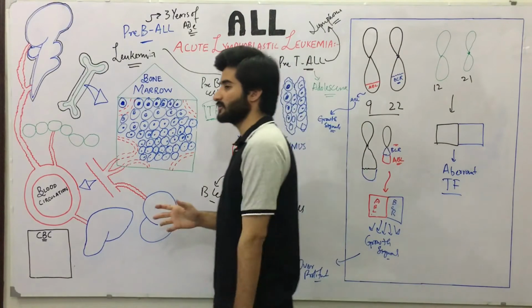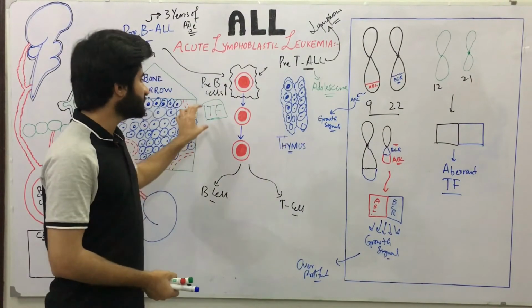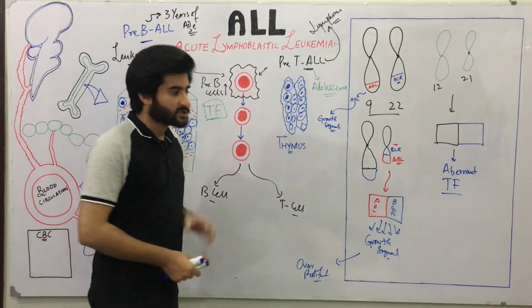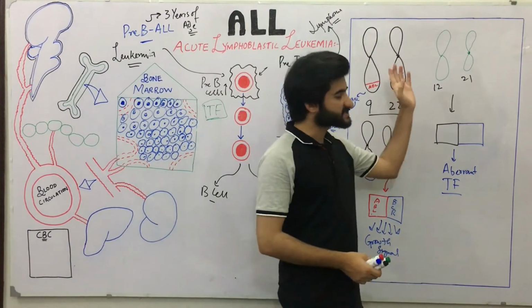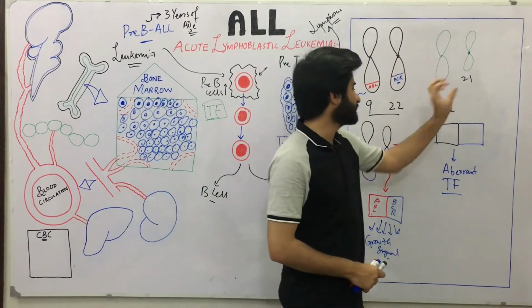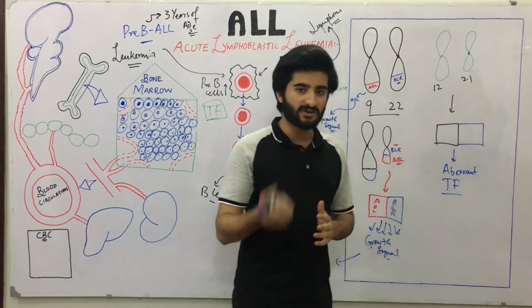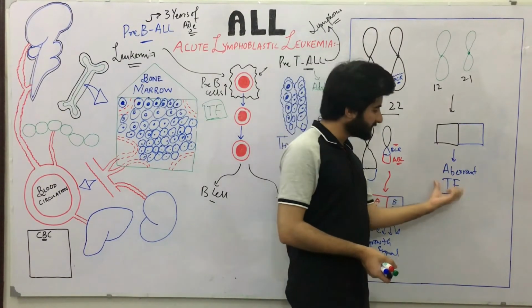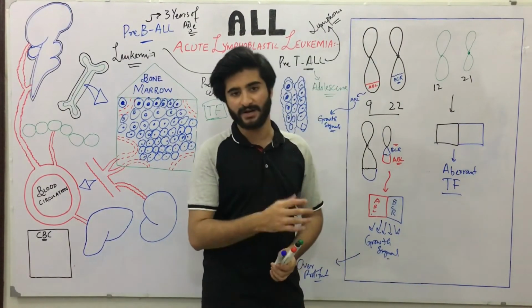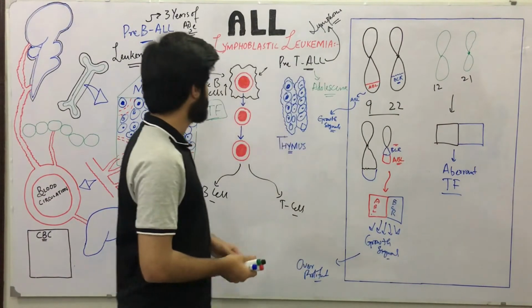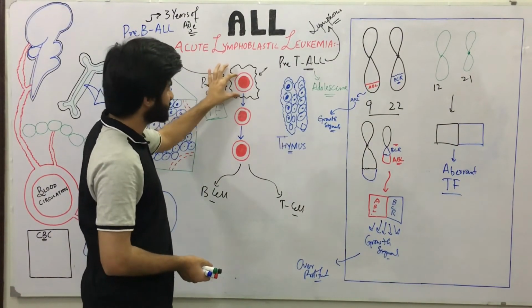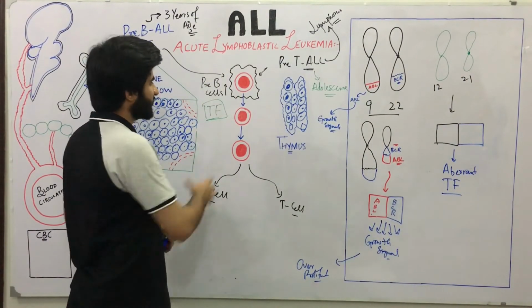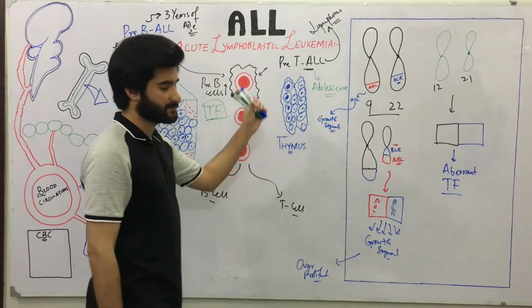So, as I told you earlier, there is initially a transcription factor mutation. This transcription factor mutation results here as a result of 12-21 translocation, and as there is 12-21 translocation, we will have an aberrant transcription factor, and this aberrant transcription factor will result in lack of maturation of precursor B cells and precursor T cells.